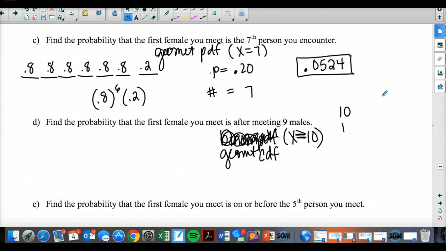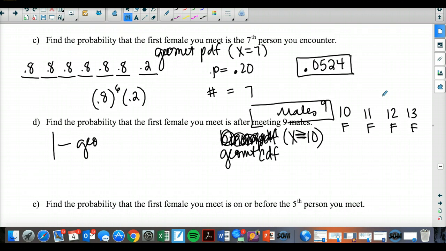So your 10th is a female, or your 11th is a female, or your 12th is a female, or your 13th is a female, but all of these people are males, and you have at least 9 of them. So how would you do greater than or equal to 10? 1 minus geometric CDF of X is less than or equal to 9.